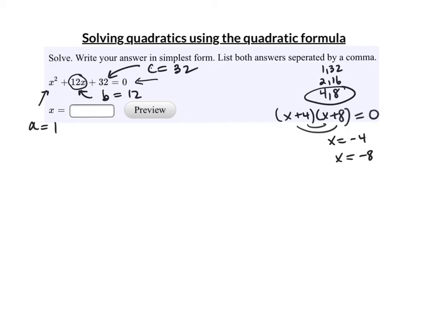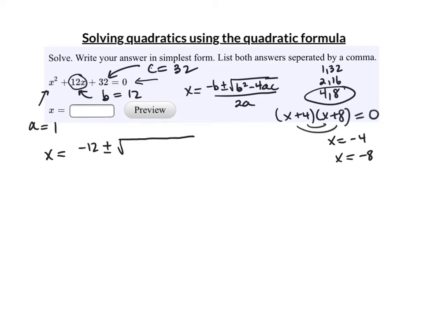So let's give this a try. So the formula is x equals the opposite of b plus or minus the square root of b squared minus 4ac all over 2 times a. So here we get x equals the opposite of b. B is 12, so -12 plus or minus square root of b squared.